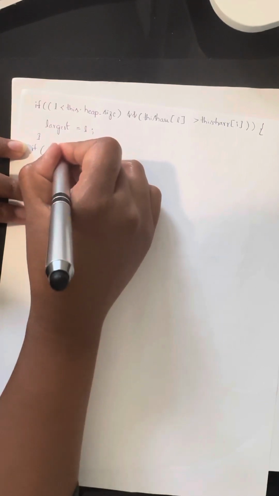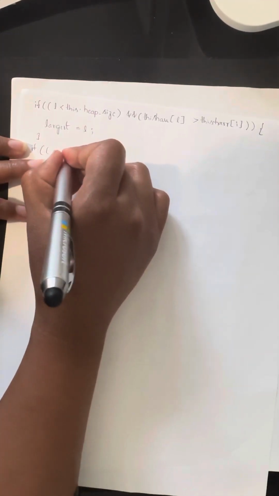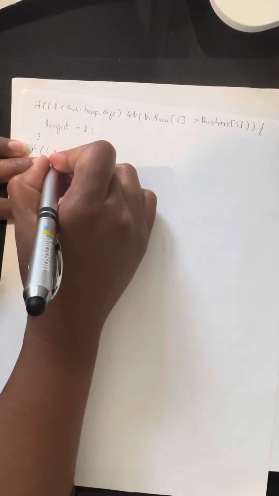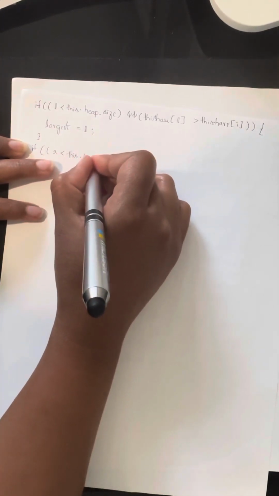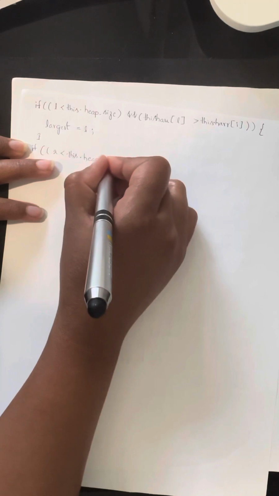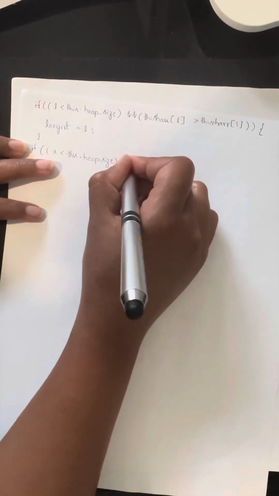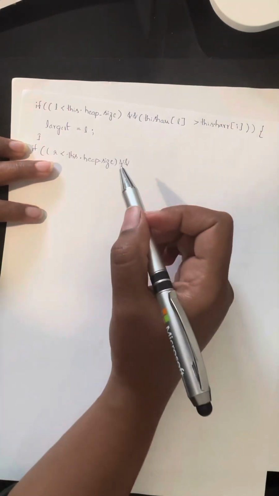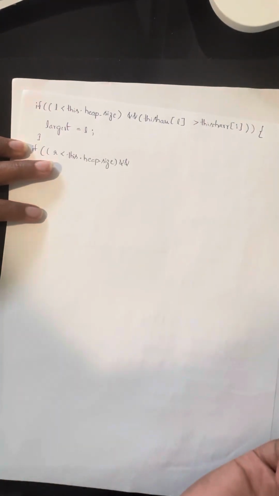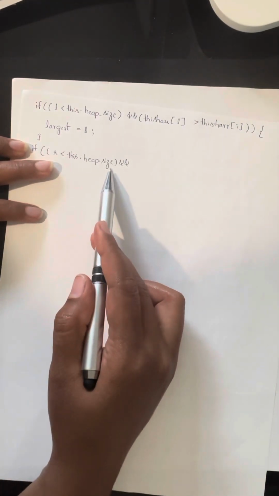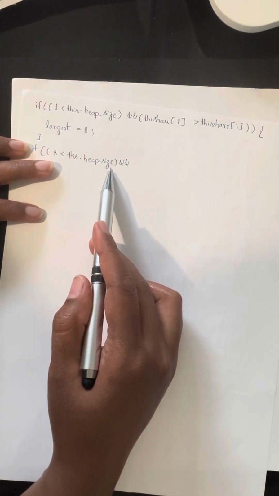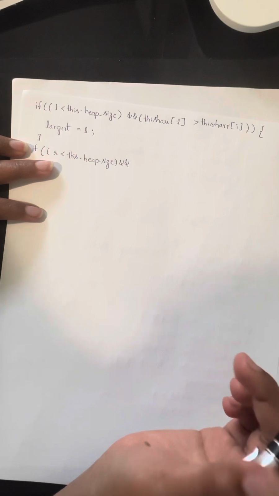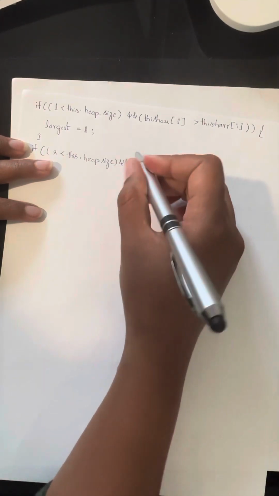Then we are going to check with the right index, which is R, if R is less than the heap size. We need to check this because the array size can be more than the heap size, but we are doing the Maxheapify for only the number of elements that is declared as size.